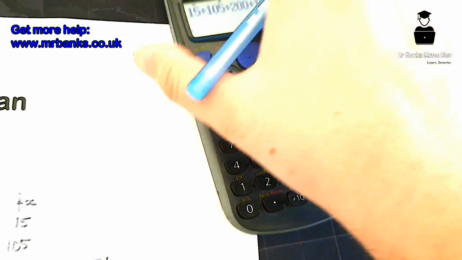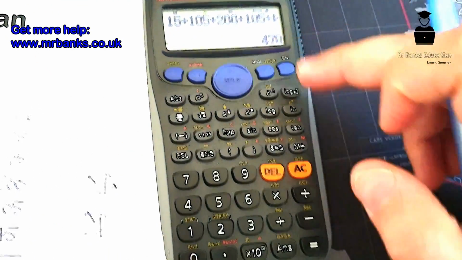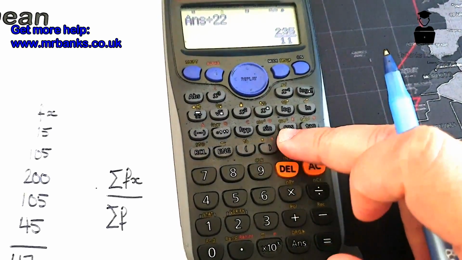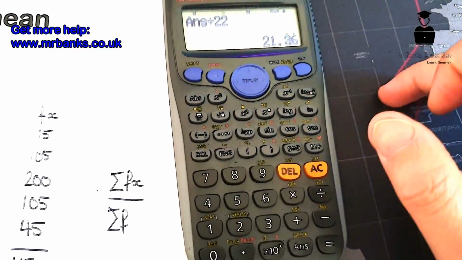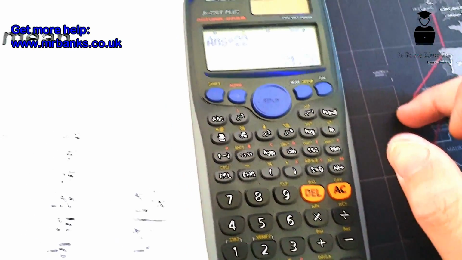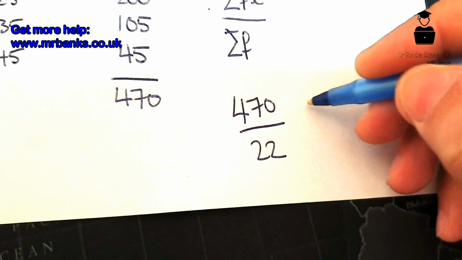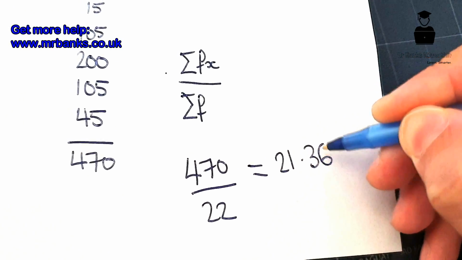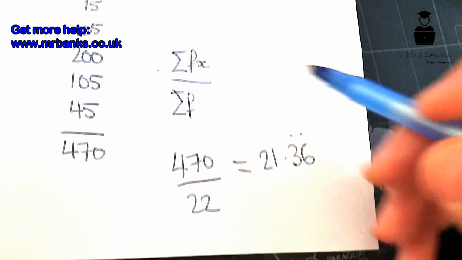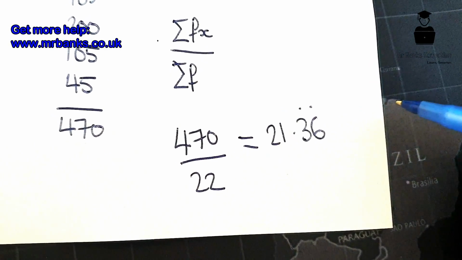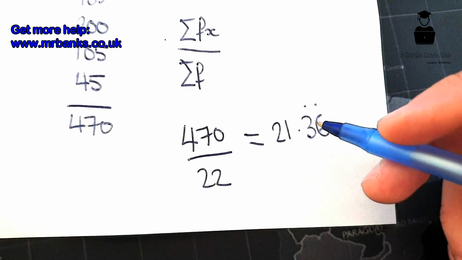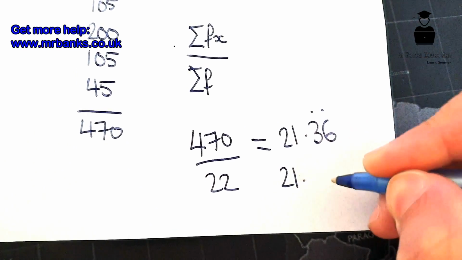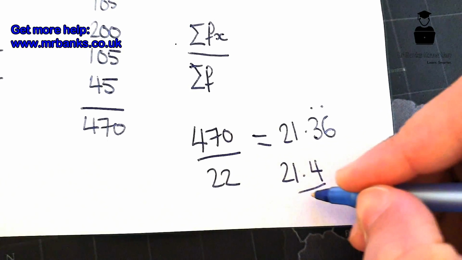Put that on the calculator. 470 divided by 22, and you get 21.36 recurring. So that's basically saying 36, 36, 36, 36. If you want to make it to one decimal place, then we'll just do 21.4. And that's your answer.